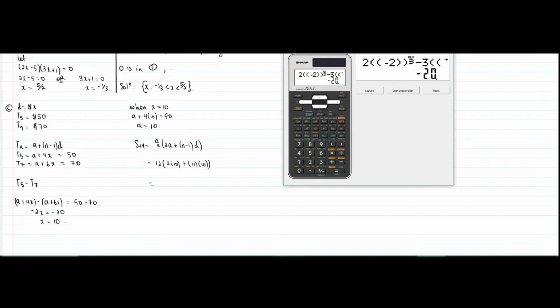Jump on the calculator. 12 into 20 plus 110, 1560.